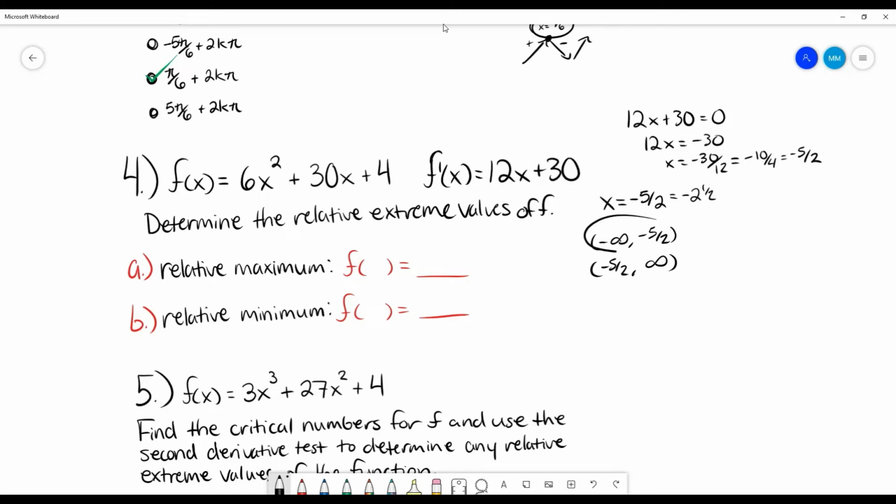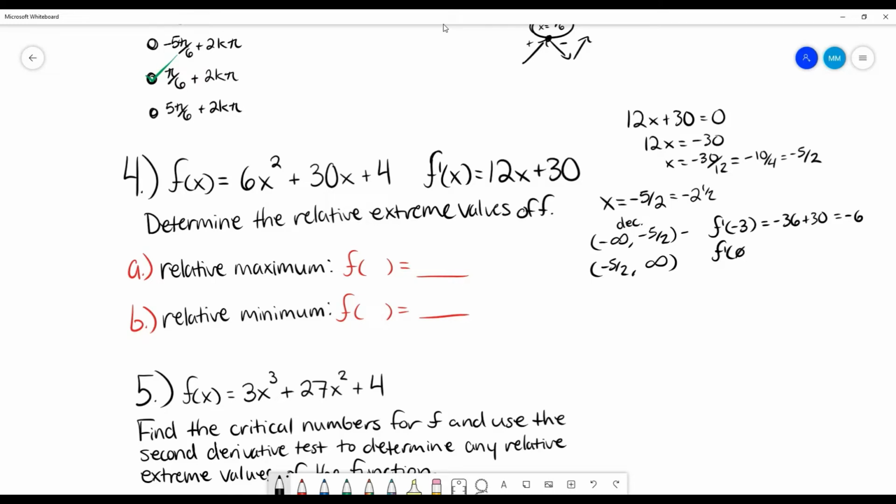So let's try plugging in a negative 3, right? So that it's on this interval. So the derivative of f(x), if I plug in a negative 3, that gets me a negative 36 plus 30, which is a negative 6, which is decreasing, right? Because it's negative. And then let's try just plugging in 0, it's really easy.